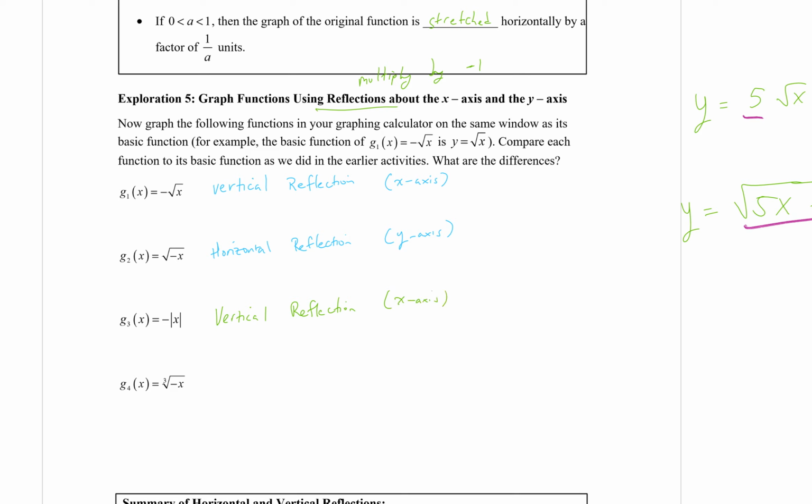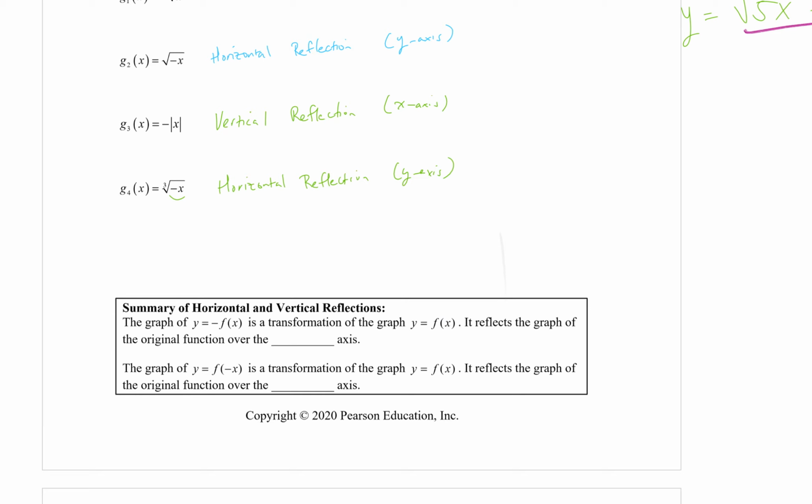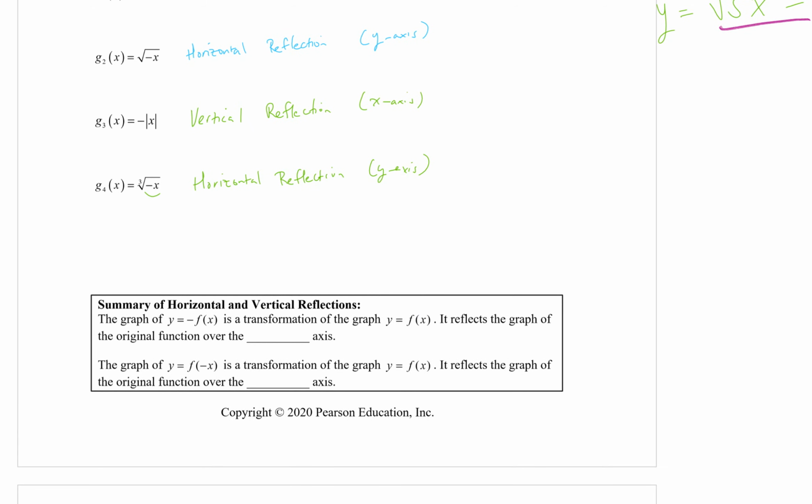And then finally, the last one here is a negative inside with the x. It's literally next to the x, so it's going to be a horizontal reflection, which is a y-axis reflection. Okay, I'm going to fill this in, and then I'm going to give you a couple of examples in terms of illustration of what that looks like. I know there are no pictures, but I want to show you quickly. If there's a negative outside of the equation, that's going to reflect vertically.